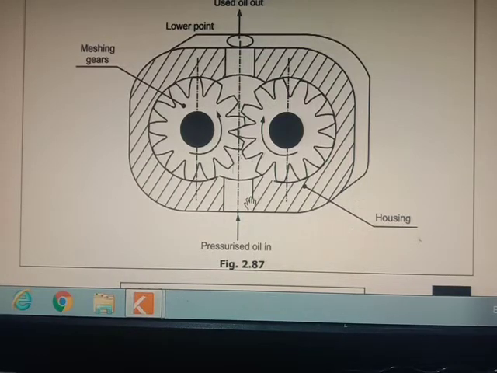When the pressurized oil from the direction control valve comes through this inlet port, the high pressure oil will rotate one gear, and this one gear will rotate the other gear, and you will get the output as a rotary motion. Then the oil will leave through this port, go through the direction control valve, and go to the reservoir.